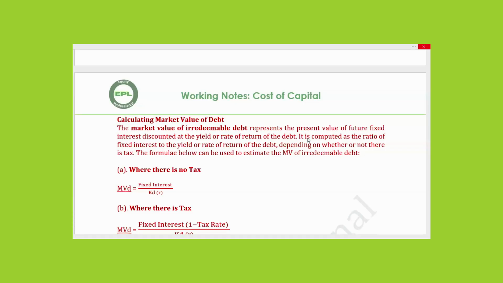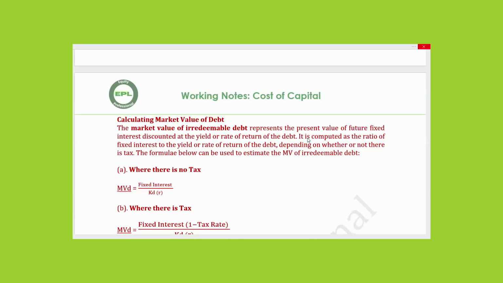Then last week, we dissected how to estimate cost of preference share. We said that cost of preference share is the compensation required by the providers of preference share capital. And the preference shareholders are entitled to fixed dividend in the business, and they must be paid before the ordinary shareholders.